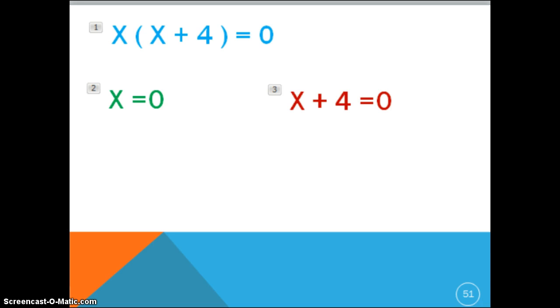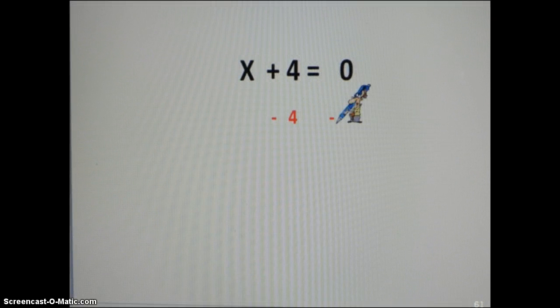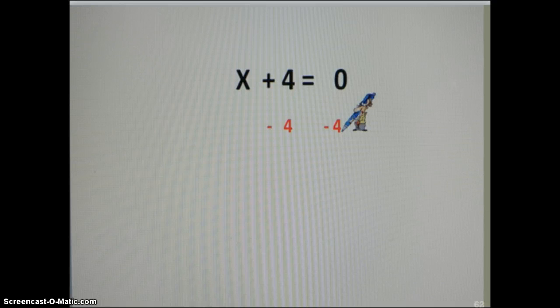But we need to do a little work to find x when we have x plus 4 equals 0. It's an easy one. So, in x plus 4 equals 0, we subtract 4 on both sides of the equation.